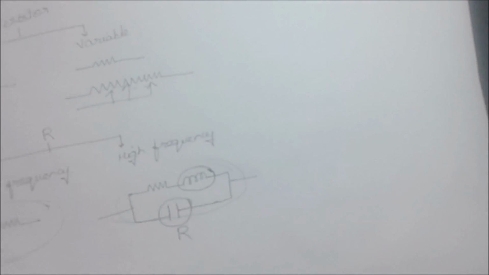Moving further, now we know ability to obstruct current is known as resistance. Now discussing conductance. Conductance is just the opposite of resistance, that is G is equal to 1 by R, or I by V. Conductance is how easily current flows in a conductor.